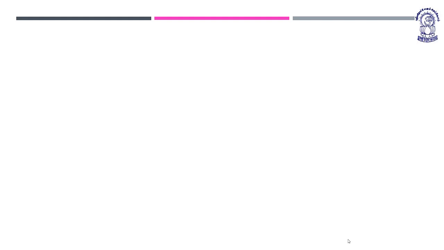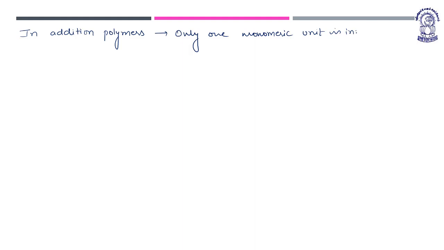There are many more differences between addition polymers and condensation polymers. In addition polymers, only one monomeric unit is involved, while in condensation polymers, more than one.